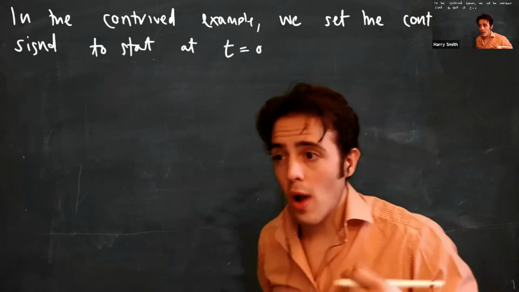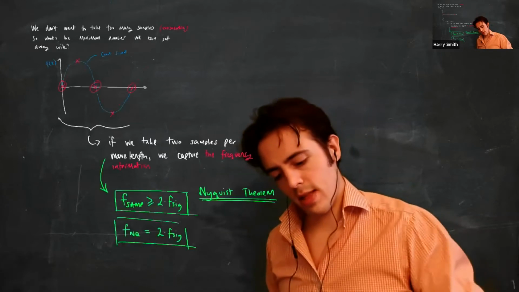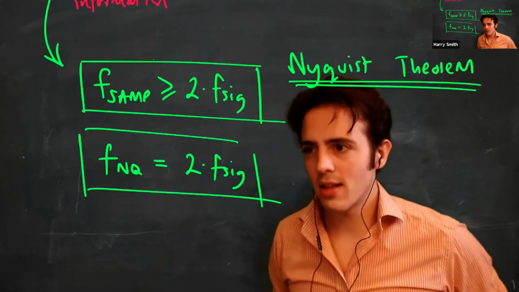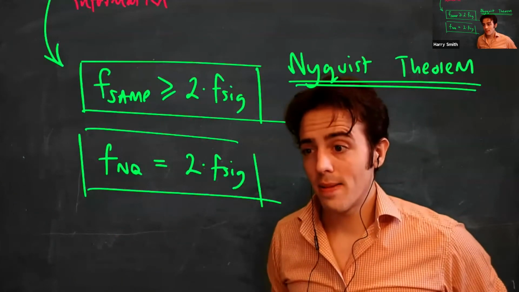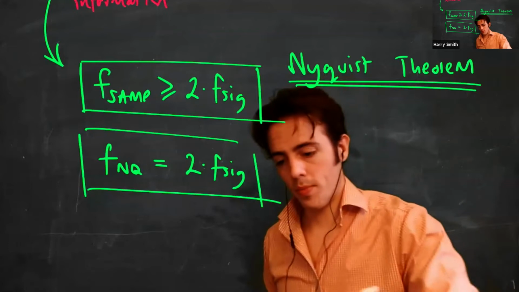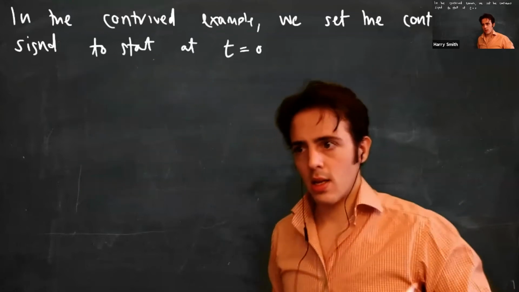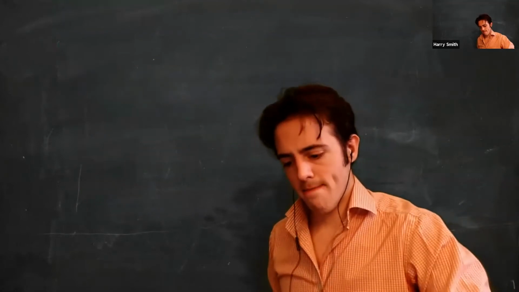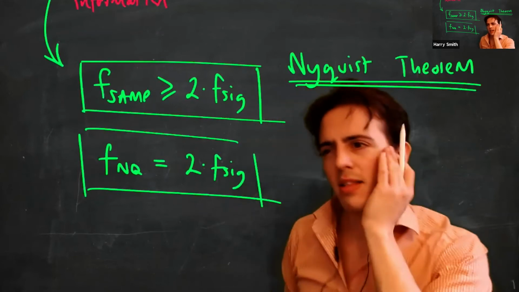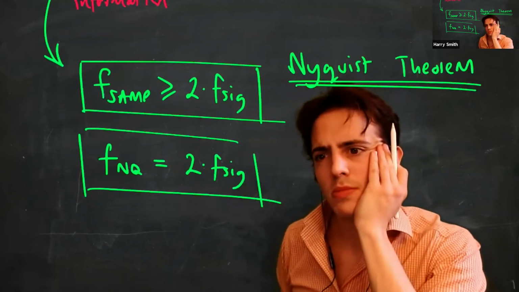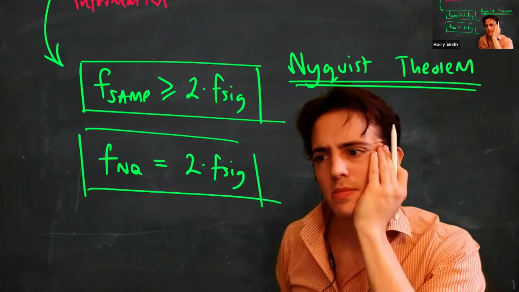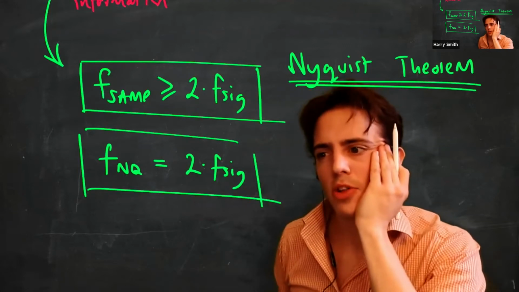FNQ is twice the signal frequency, so that's this one here. Is that what you wanted? Cool. But like, what is it? Does anyone think they could answer that question? Mr. Jackson's put in the chat.